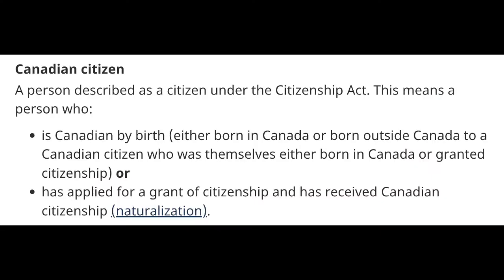What exactly that means is that it's a person who is a Canadian by birth, so either born in Canada or born outside of Canada to a Canadian citizen who was themselves either born in Canada or granted citizenship. Or it's a person who has applied for a grant of citizenship and has received Canadian citizenship. This is also called naturalization.